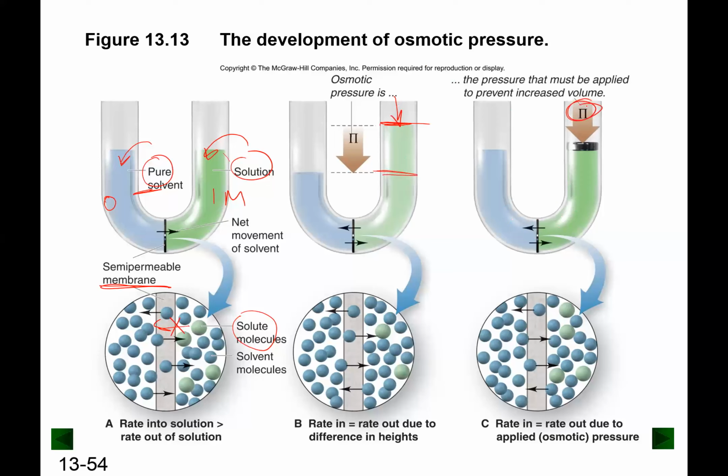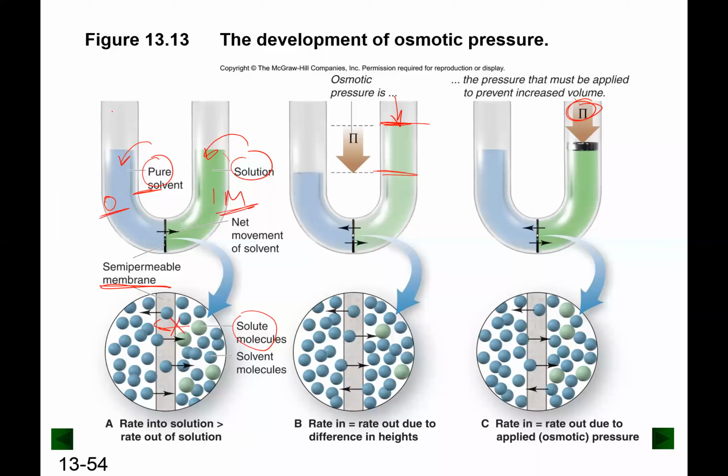And the key thing to keep in mind here is that we're going to go from low concentration of solute to high concentration of solute. That is the direction the flow will always be. The pressure then will be pushing on the solution side. Now, sometimes you could have 2 different solutions.